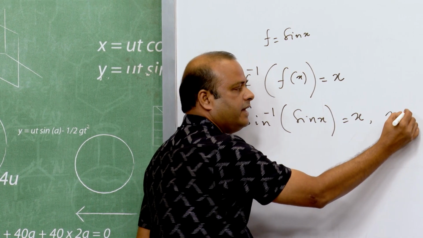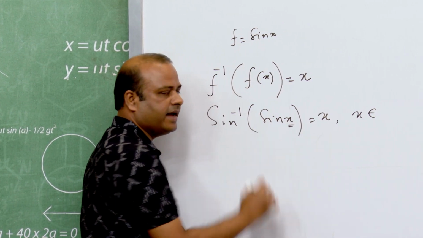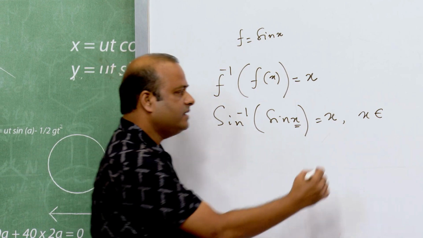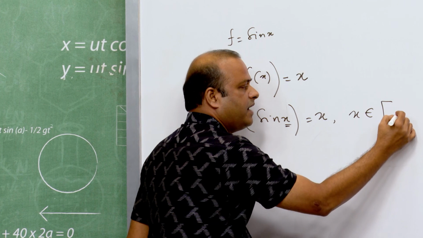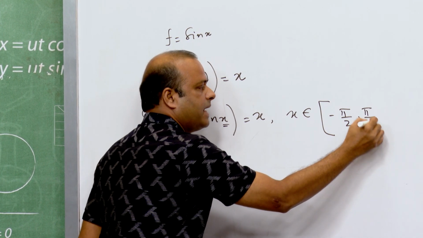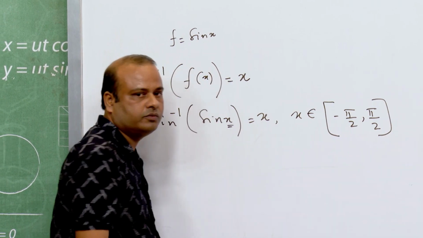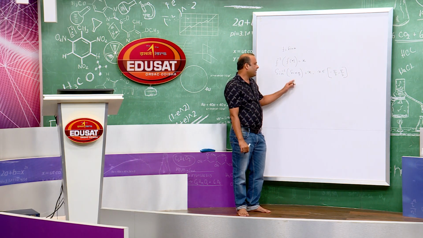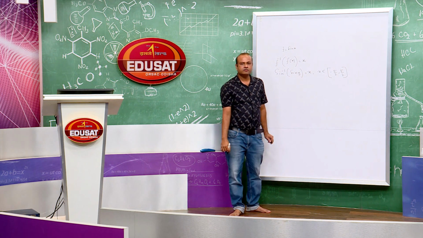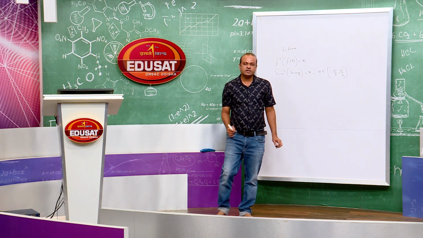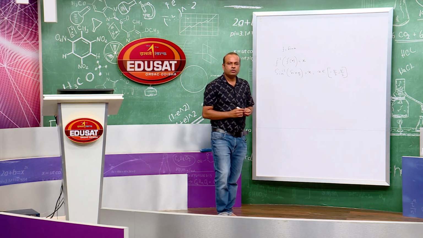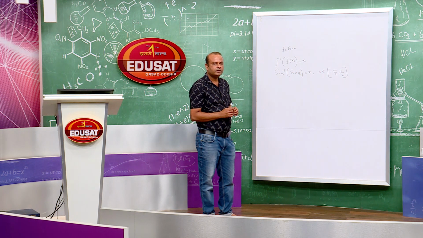Here x is an angle, not all angles, it lies between minus pi by 2 to pi by 2, closed interval. You cannot write sin inverse sin pi is pi, because the restriction is minus pi by 2 to pi by 2 closed interval.